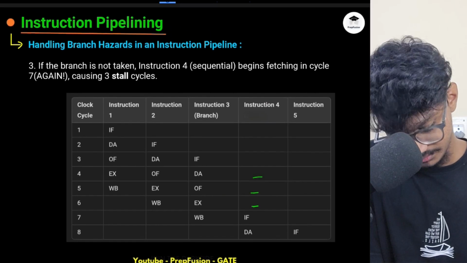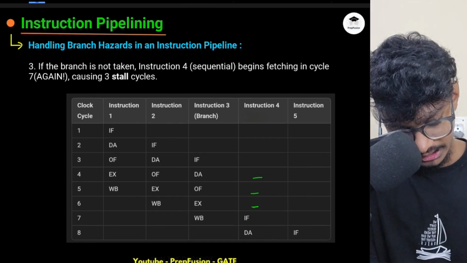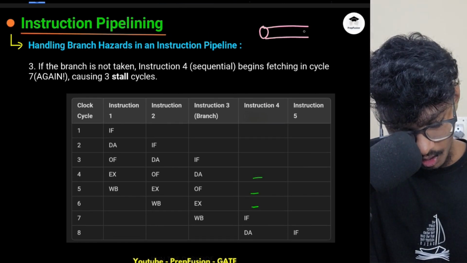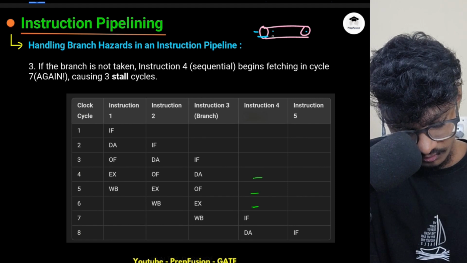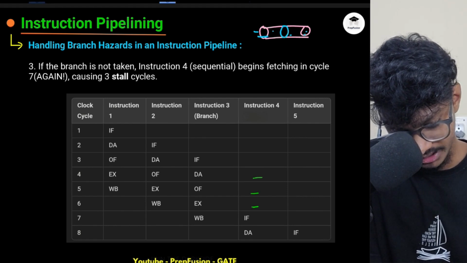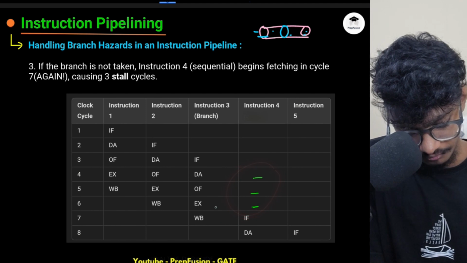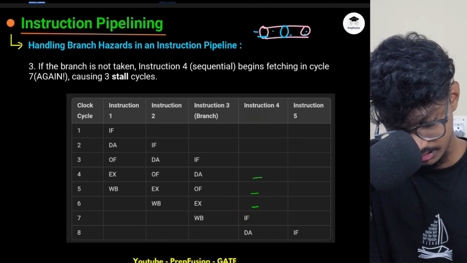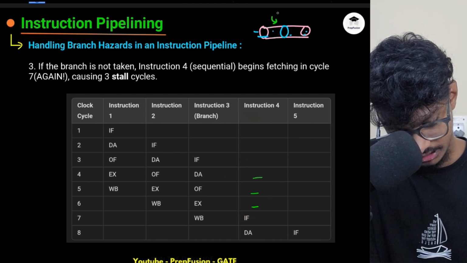So what happened was that my water was flowing through the pipeline, right? Then a blockage came. What was the blockage? A stall came, due to the branch instruction.